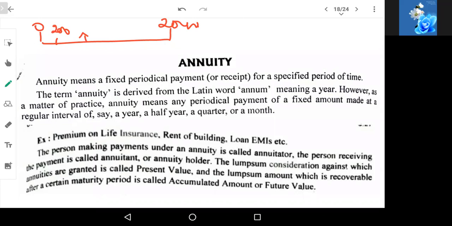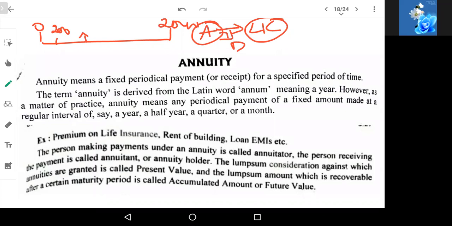Let's take for example, A is paying the insurance. A has a baby, which is D. Now A is paying to LIC. So A will become the annuitator. LIC will become the annuitant or the annuity holder.